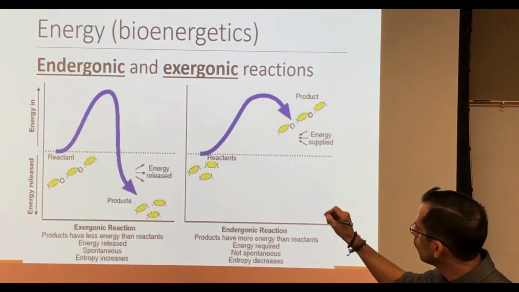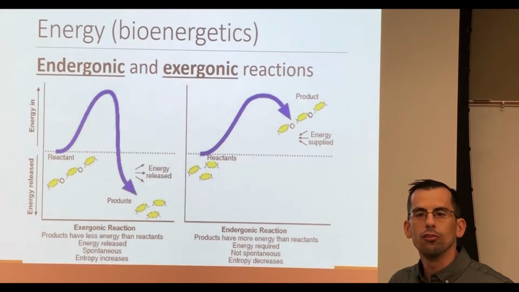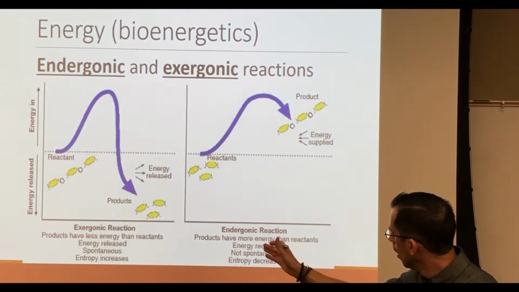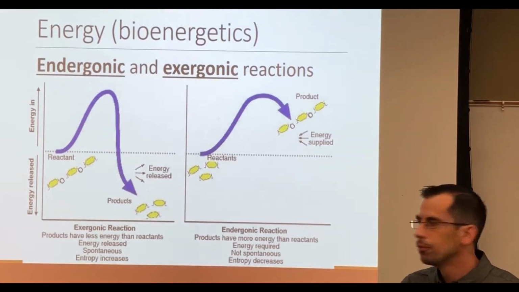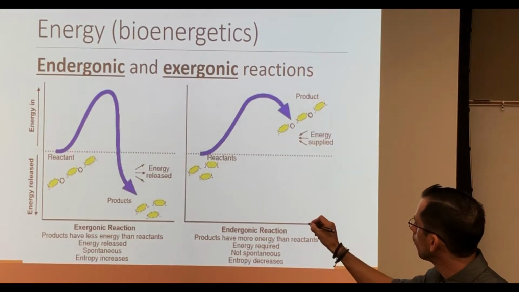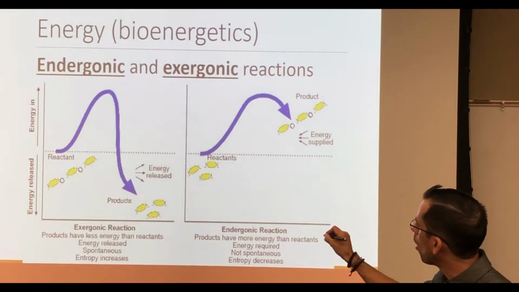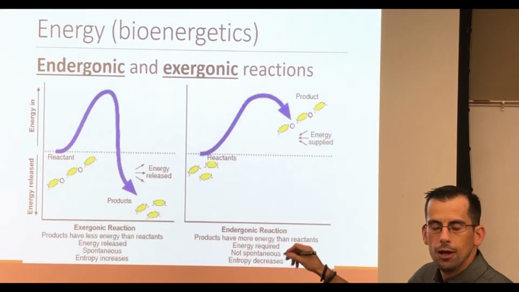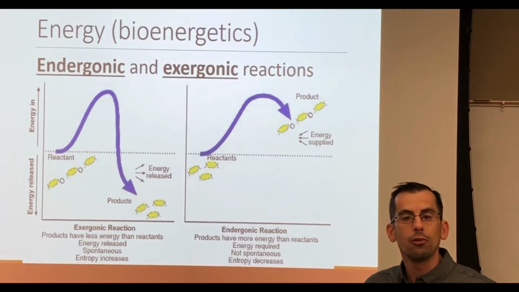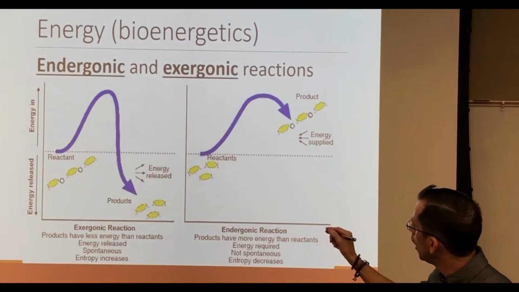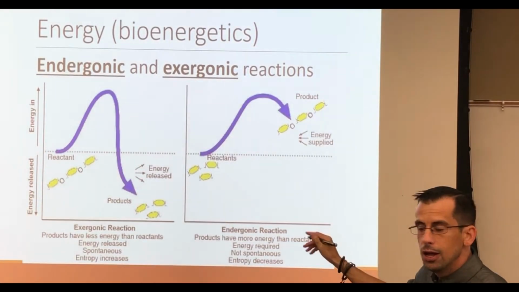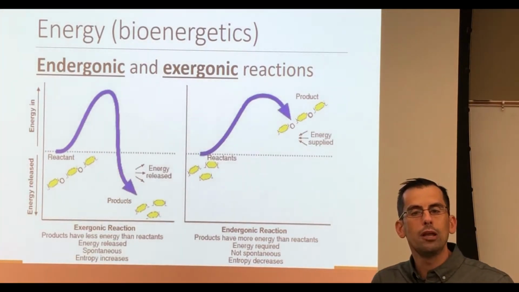The higher on the axis we go, the more energetic the state is. Along the horizontal axis, we have time on which the reaction takes place. So here we see our reactants are at this energetic state. Our products are at a lower state. Based on our first law of thermodynamics, energy can't be created nor destroyed. That means that as we went from a high state to a low, that remaining energy had to be released from this system.